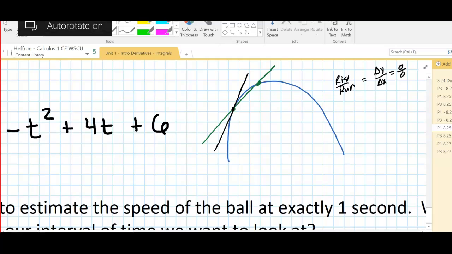So instead, we say, wait a minute. Let's get really close. Let's make our average rate of change between that black and red dot so close that what we really have is the function at 1 minus the function at 1.001.